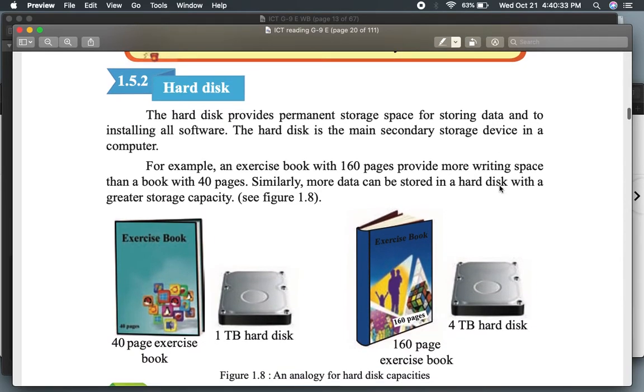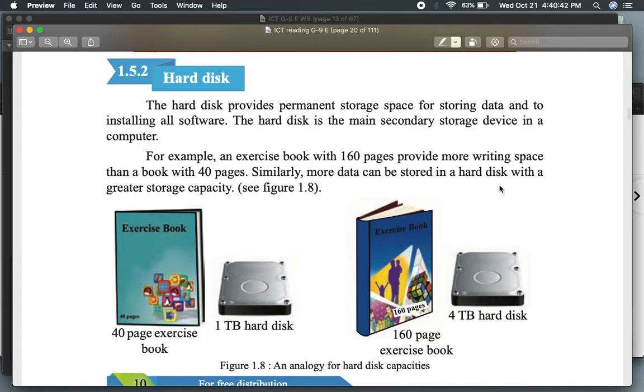Then we come to topic 1.5.2, hard disk. The hard disk provides permanent storage space for storing data and to install all software. The hard disk is the main secondary storage device in a computer. For example, an exercise book with 160 pages provides more writing space than a book with 40 pages.